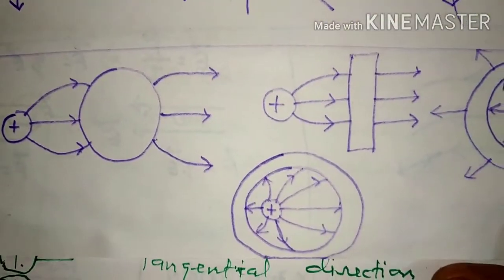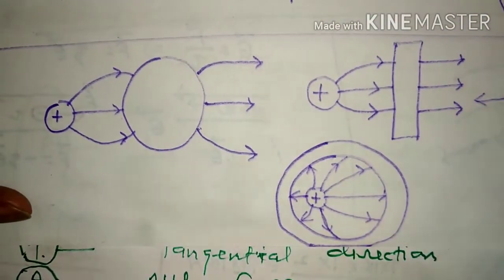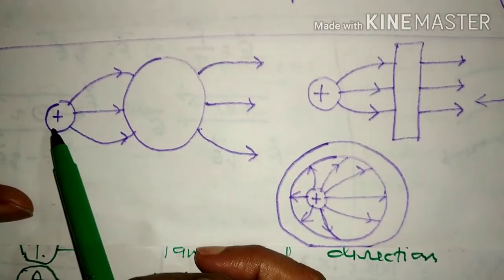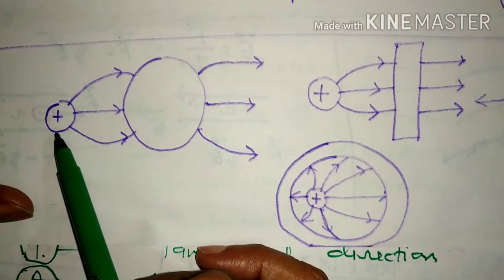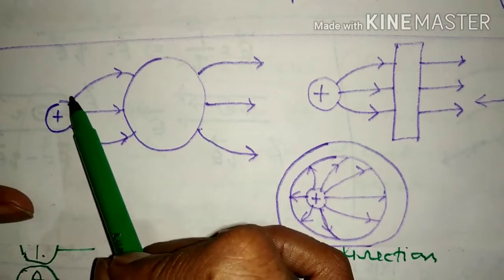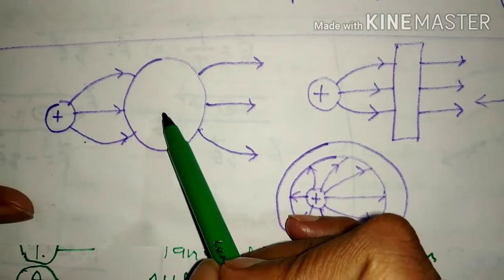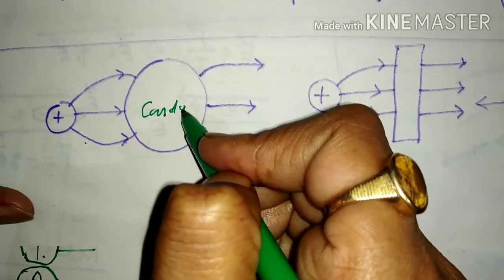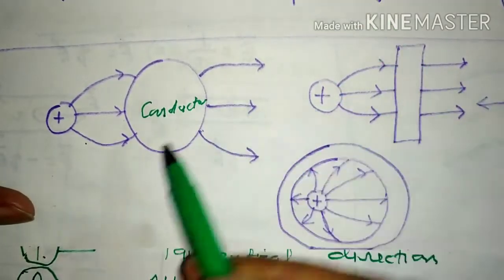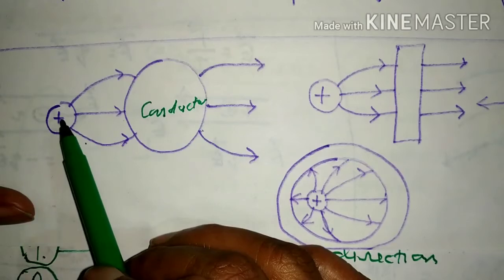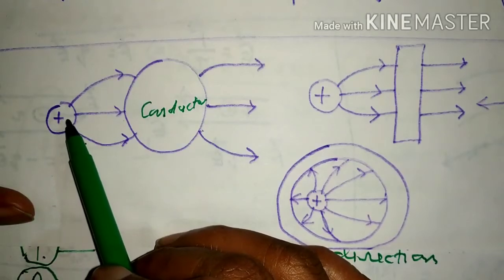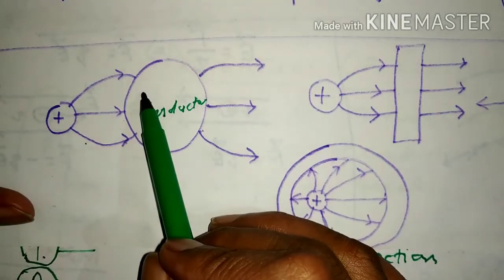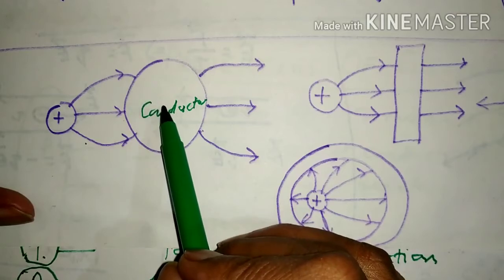Now just see. This is a charge which is a source of electric field, and these are the electric field lines. This is a conductor. These electric field lines are perpendicular to the surface of the conductor.